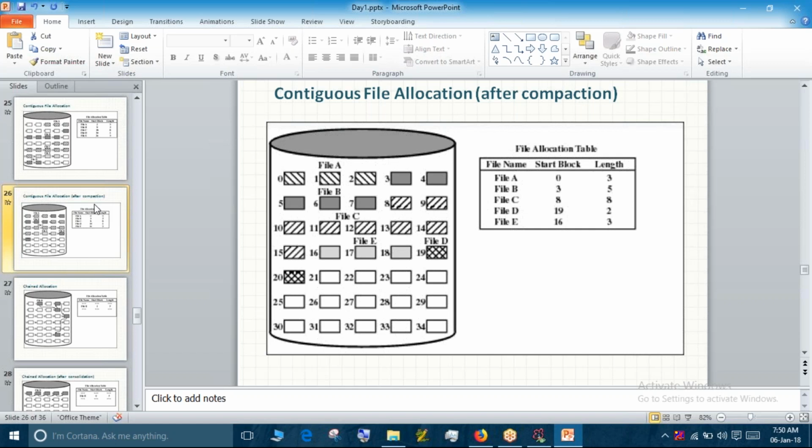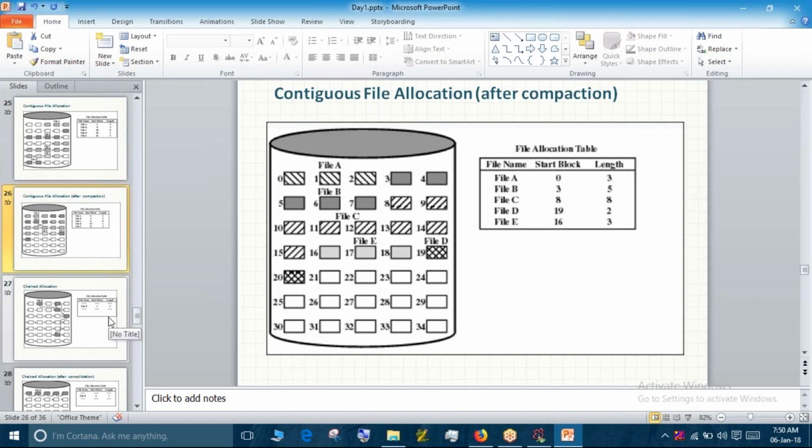And moreover, the data must be stored in a continuous fashion only. As a result, memory utilization cannot be done effectively and I need to do frequent compaction. If I don't apply compaction, though memory is available on your storage, it cannot be utilized by you because we need contiguous allocation.